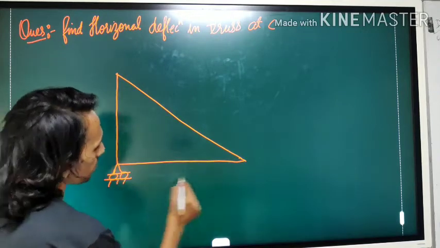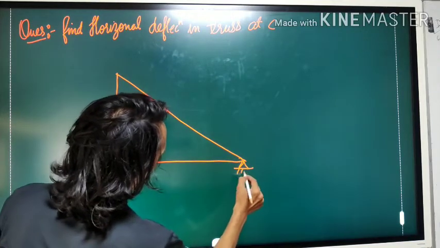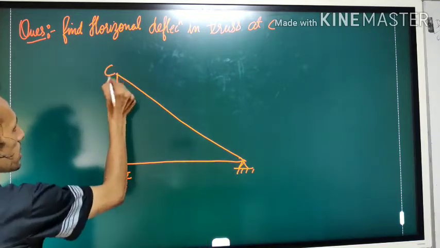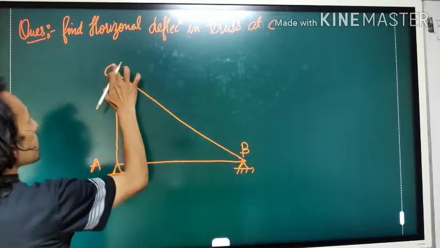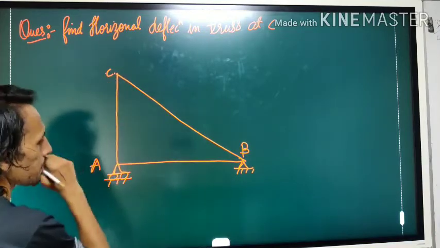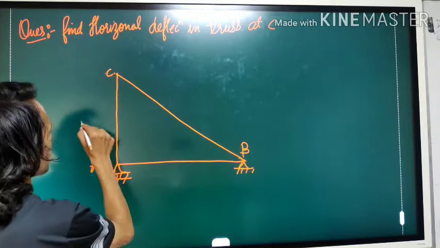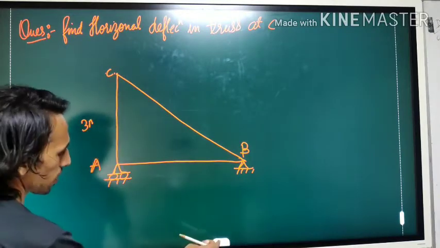Here was a roller support, here was a hinge support. This was point C, this was point A, this was point B. This was 3 meters. Let me check.